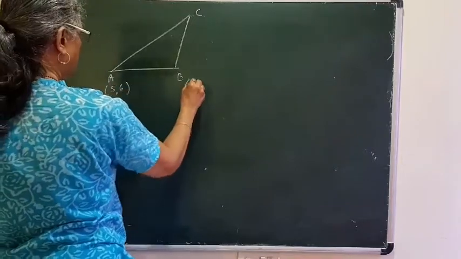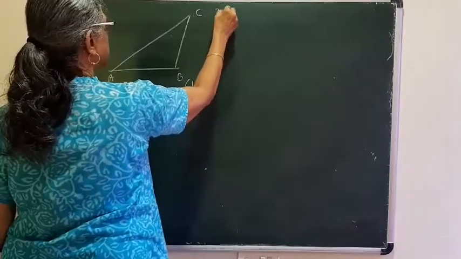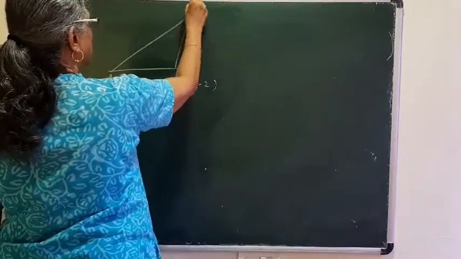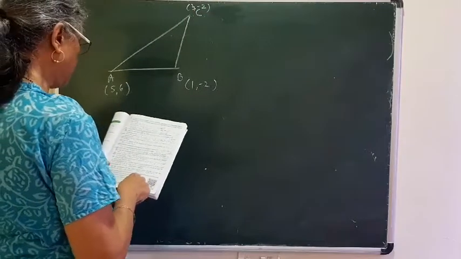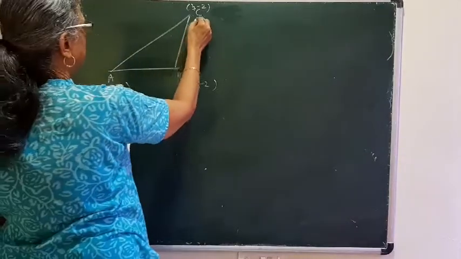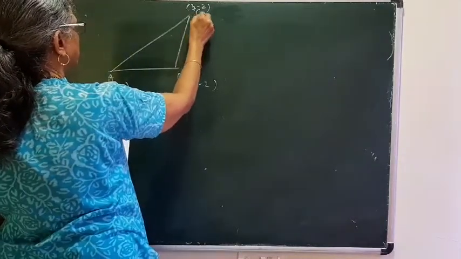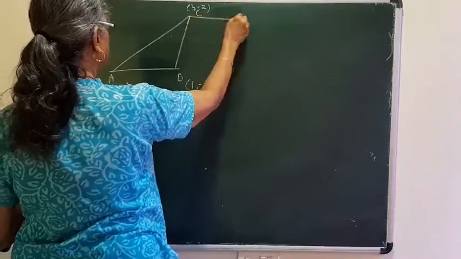B they have given coordinate 1, minus 2. And C they have given coordinates 3, minus 2. Now they have asked the coordinates of 4th vertex D of the parallelogram. So here we are going to consider the position of vertex D.